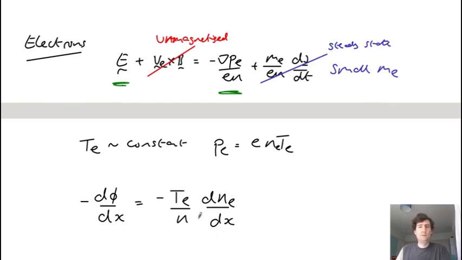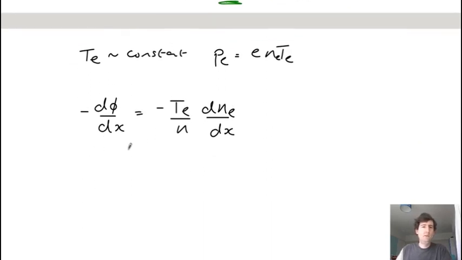So this relates the electron density to the potential, and actually we can integrate this on both sides. Integrate this up here, so we have the integral of d phi by dx.